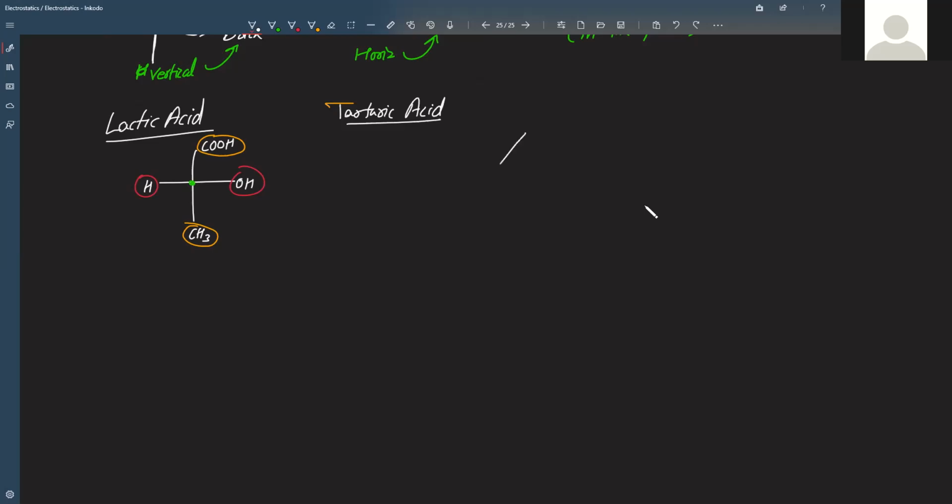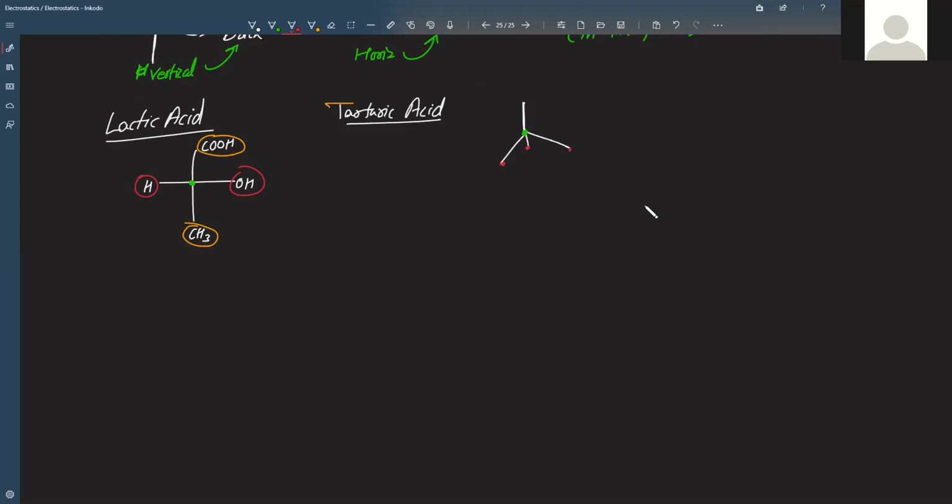This tetrahedral structure is actually like this, right? So if you see now, these three you can say are in the same plane. These three, right? I can put them on one plane.